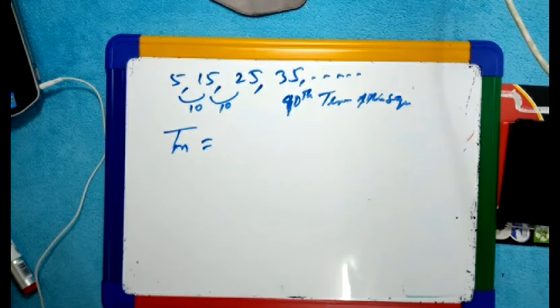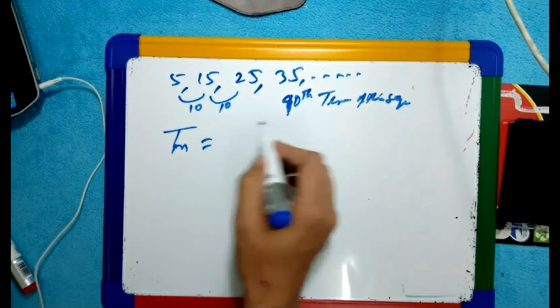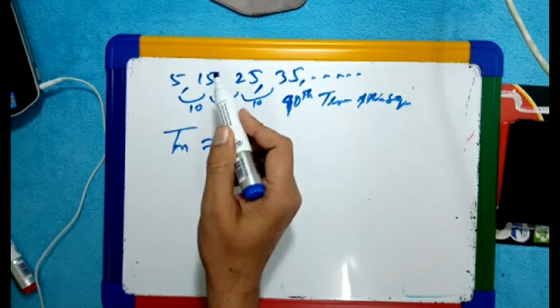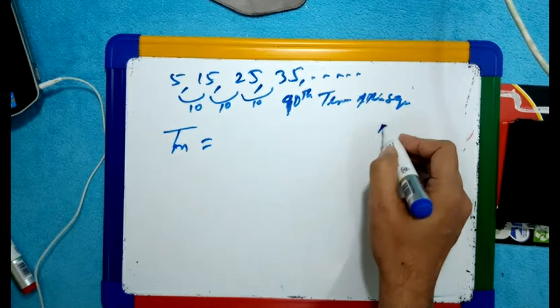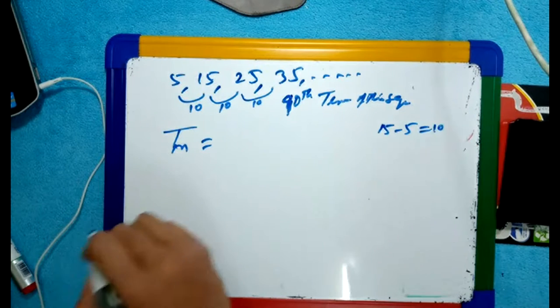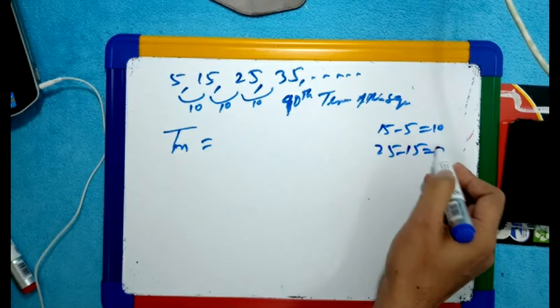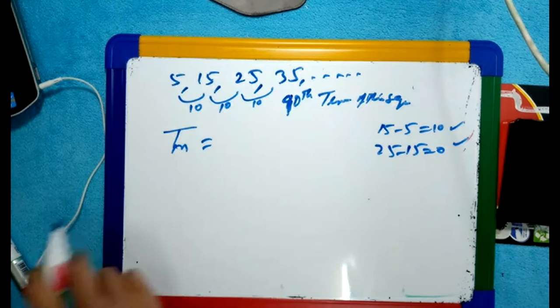For the nth term, there is a formula for an arithmetic sequence, where the common difference is the same. What is the common difference? Next term minus previous term: 15 minus 5 equals 10, or 25 minus 15 equals 10.